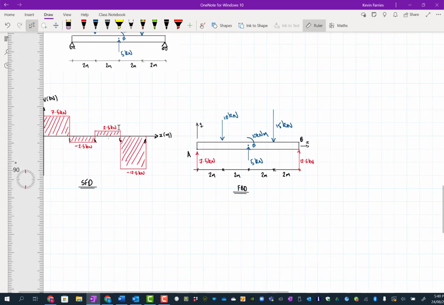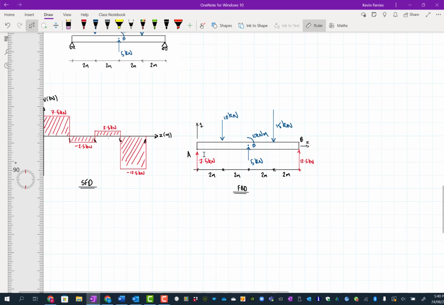So let's just have a think. If I imagine this beam, you've got a beam supported, and the majority of the loads are going down, so it's probably mostly going to be a sagging moment, therefore it's mostly going to be a positive bending moment.